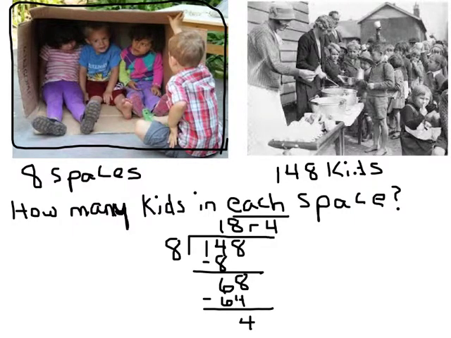Alright, so if I have 8 spaces and 148 kids, how many kids would be in each space? Well, if I do this, that means that they're not going to be equal.